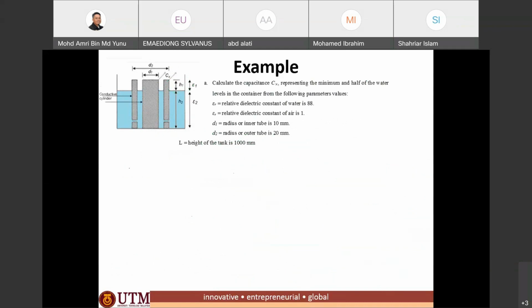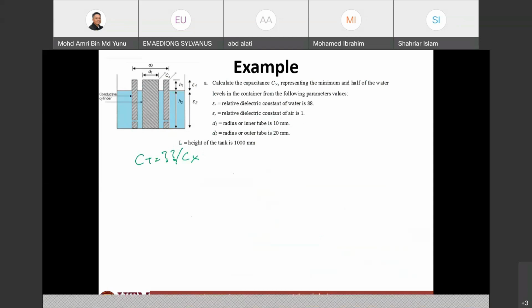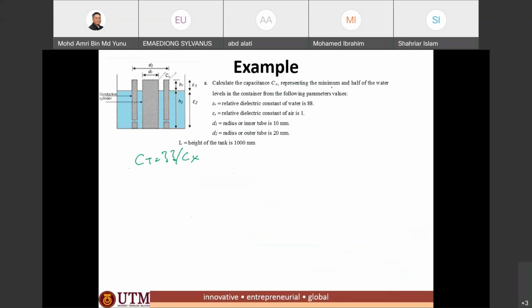Next, calculate the Cx, or the C total. What is the C total value if all the values are given here, in two cases: the minimum and half of the water level?